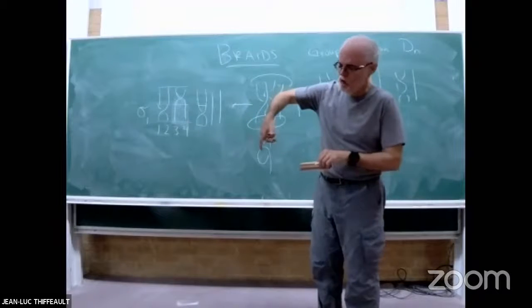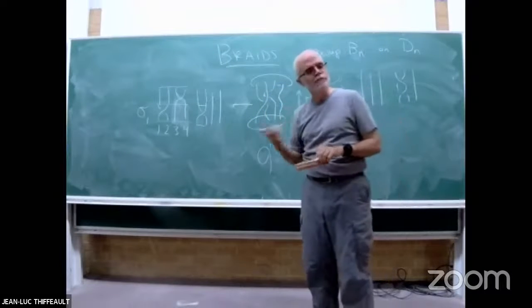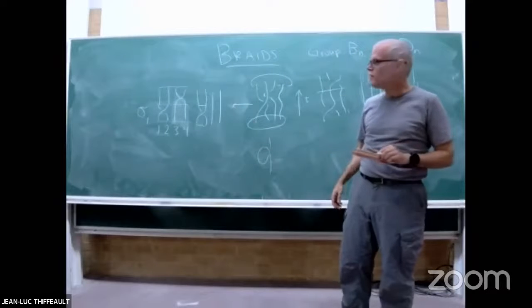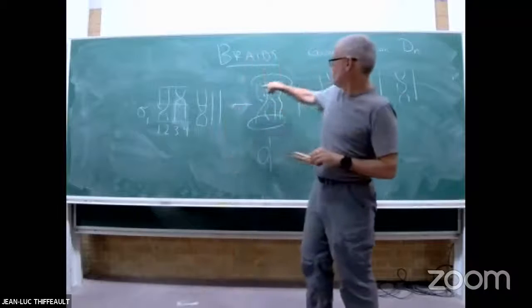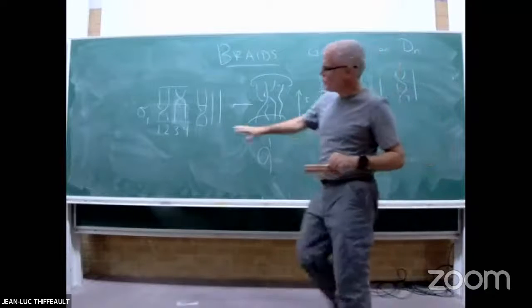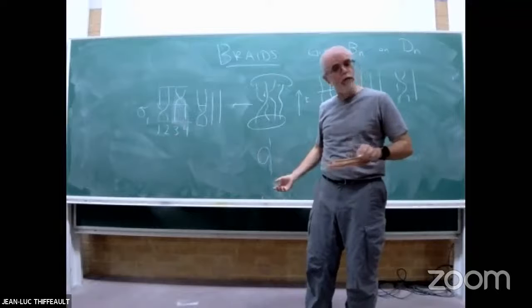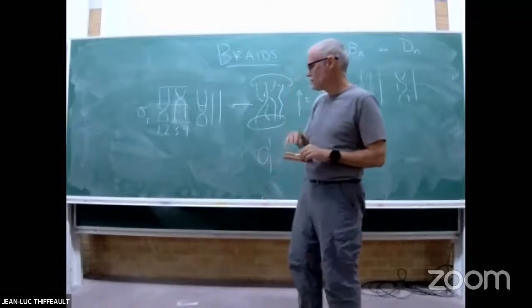So you either define it clockwise from the top or clockwise from the bottom. It's up to you. Different conventions exist in literature. I usually think of clockwise when looking at the thing head on. But when you draw the braid like this, it's a bit more ambiguous what you mean by clockwise.